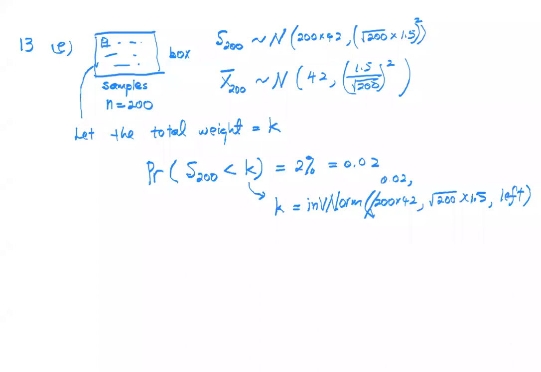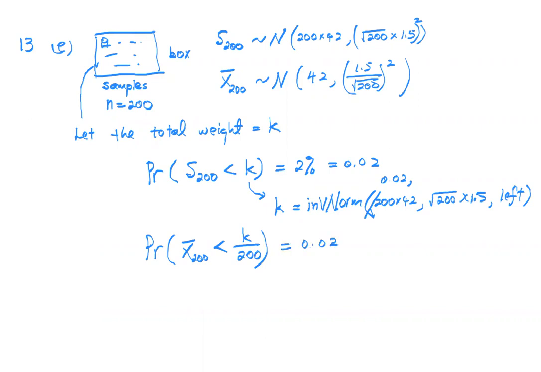But if you are using the mean, that means I'm talking about the probability of X bar 200 is less than, because K is the total weight, so I have to find the mean weight. So K over 200 is equal to 0.02.